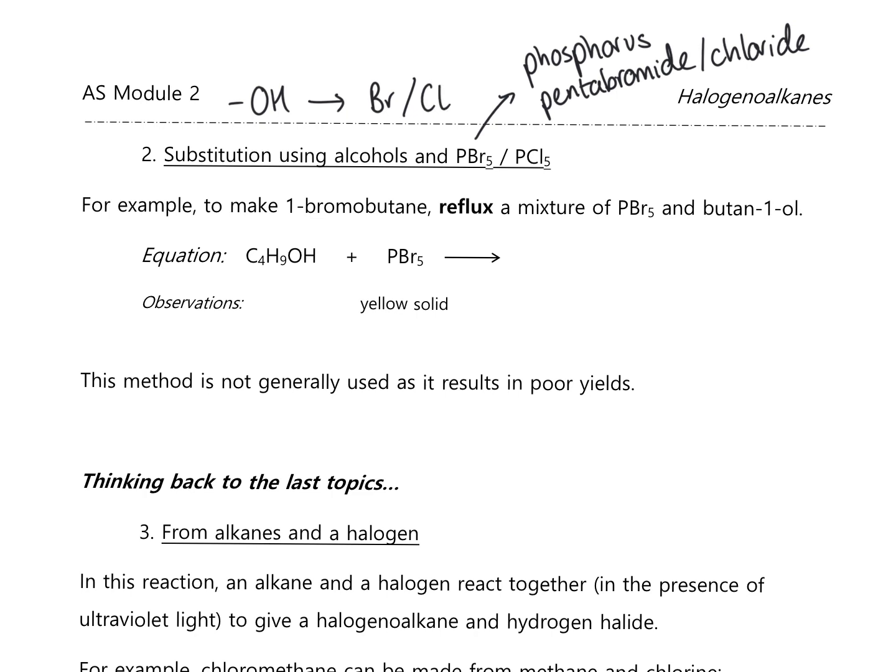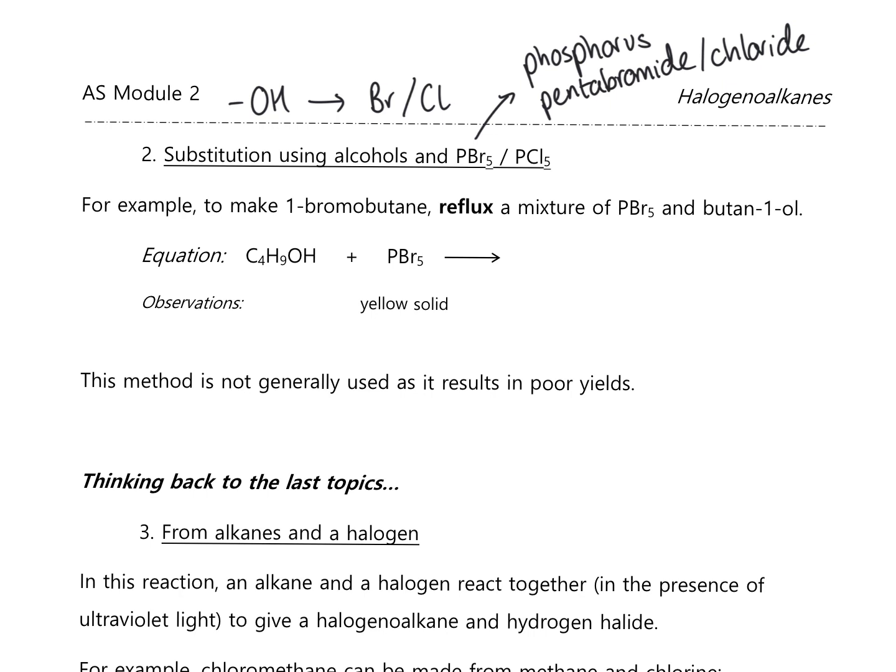Okay, so we've got an example here of the same halogenoalkane that we were preparing in method number 1, that detailed method, 1-bromobutane. So essentially you take the corresponding alcohol, so what we mean by that is just the alcohol that has the same structure as the halogenoalkane that we want to make, but just with an OH group instead of the halogen group.